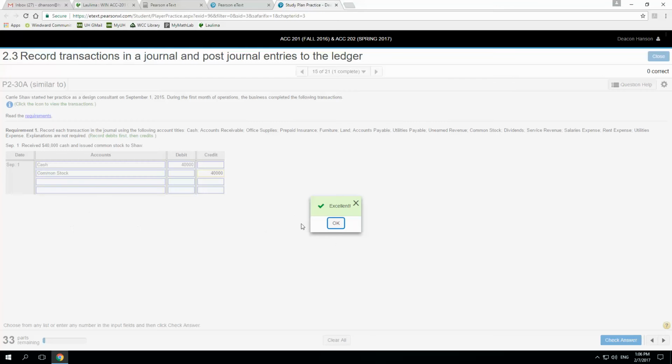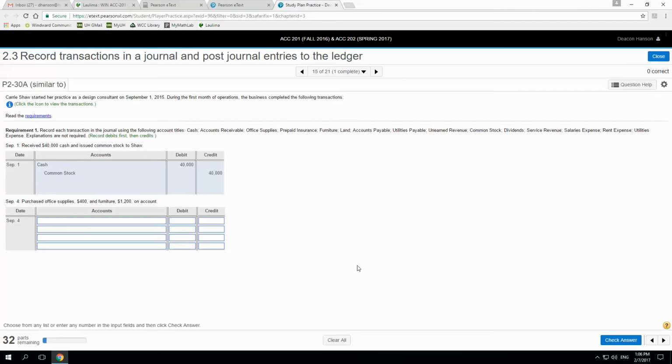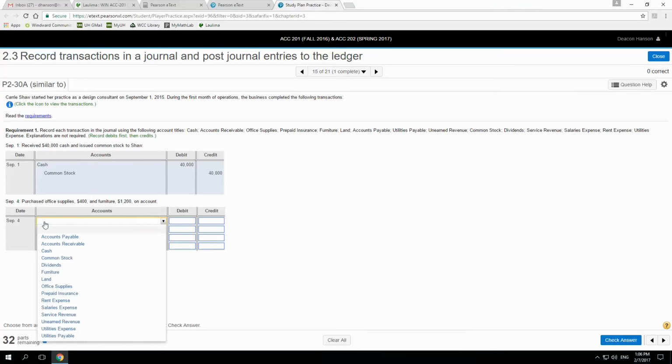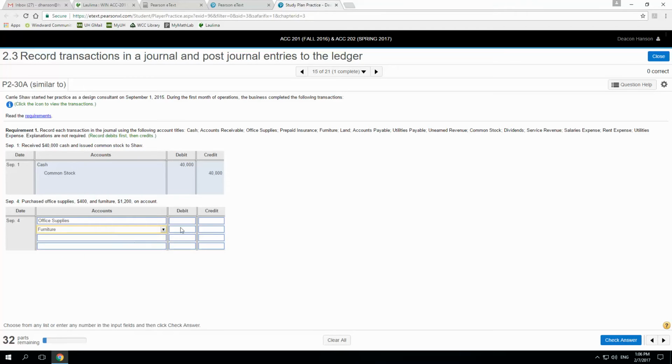Now, we purchased office supplies of 400 and furniture of 1,200 on account, right? So you're going to have two new assets. One is going to be office supplies, and one is going to be furniture. They're both going to get debited.